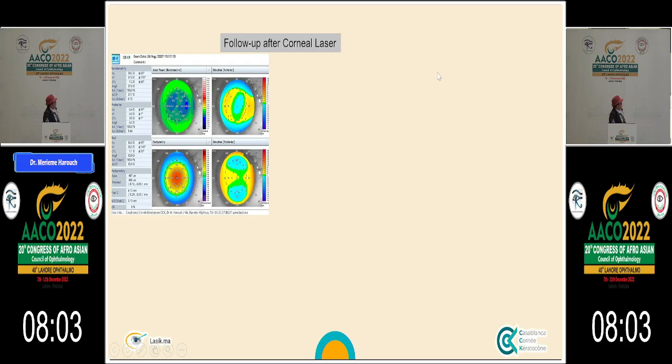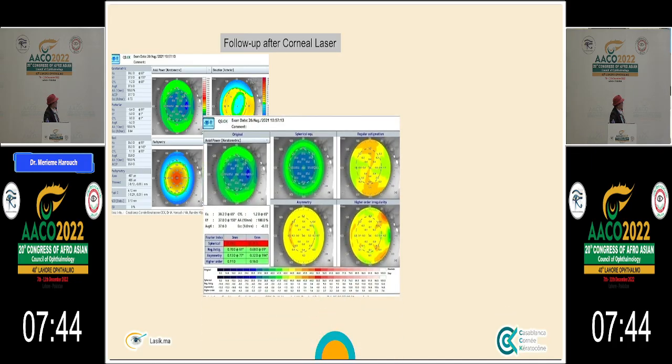The OCT also gives us the follow-up after corneal laser. Here we have the treatment summary, the axial power, anterior elevation, posterior elevation, and the pachymetry map. This is the Fourier analysis post-LASIK, and we show that we don't have any asymmetry in the axial map.